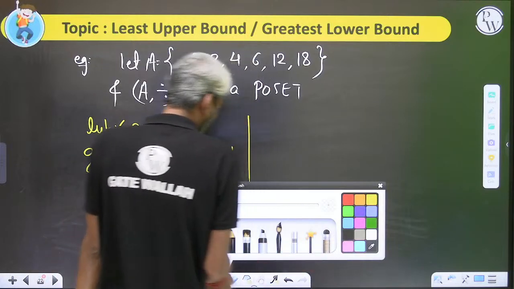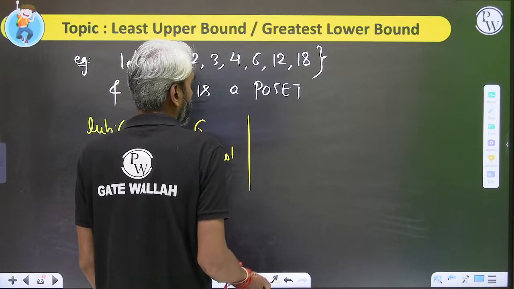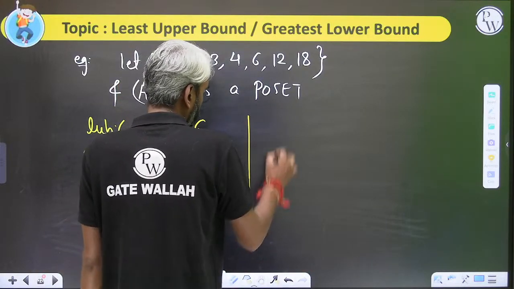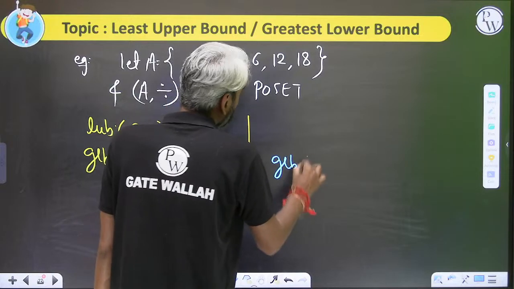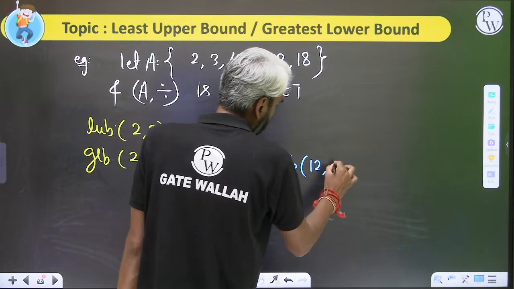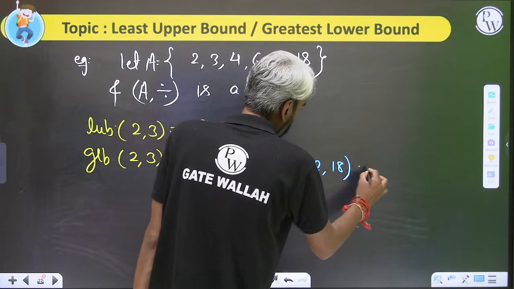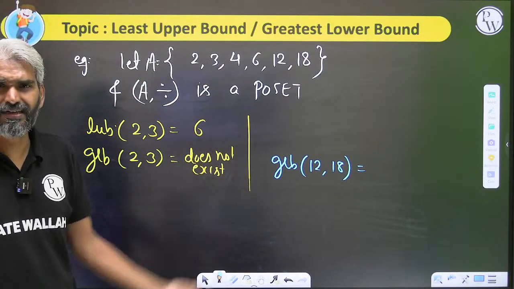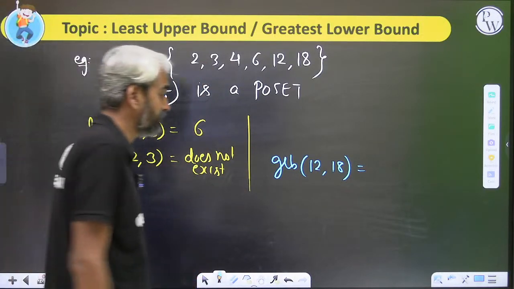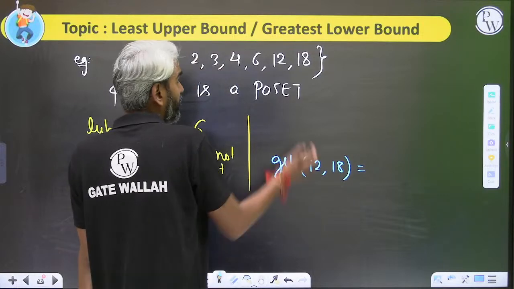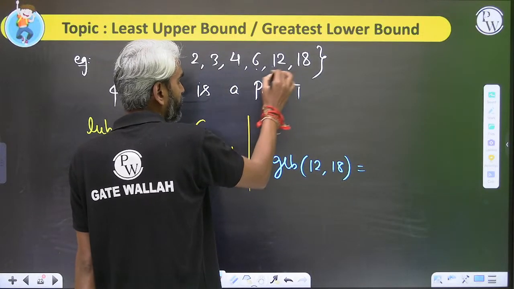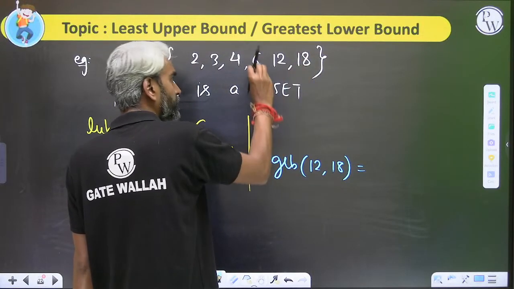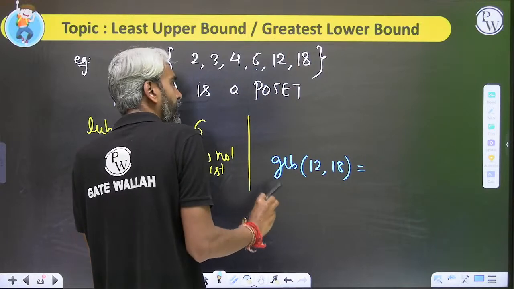Similarly, if I look at the greatest lower bound of 12 and 18, is there any number which divides 12 as well as divides 18 and is the greatest one? The greatest lower bound of 12 and 18 will be 6, because 6 divides 12 and 6 divides 18. So, 6 divides both 12 and 18 and it is the greatest one.